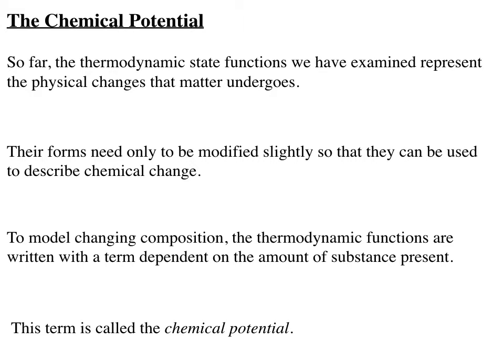So now we're going to introduce this chemical potential, which will be the energy per mole of material, and in that way it's an intensive value of energy stored during a chemical process.